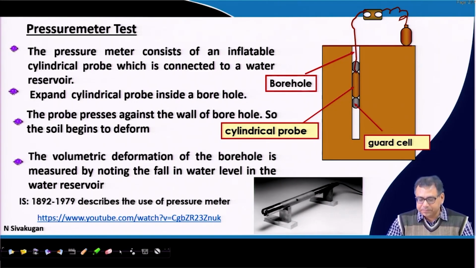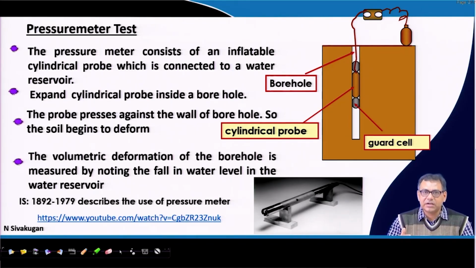This is the mechanism by which we can measure the properties. We apply the pressure, this probe expands, and the soil starts to deform. Then we measure this expansion and the corresponding pressure.